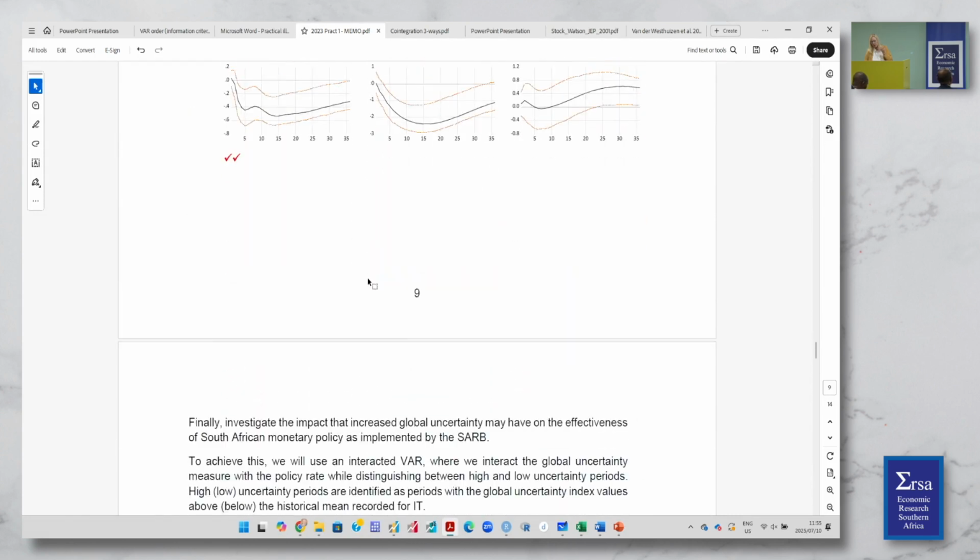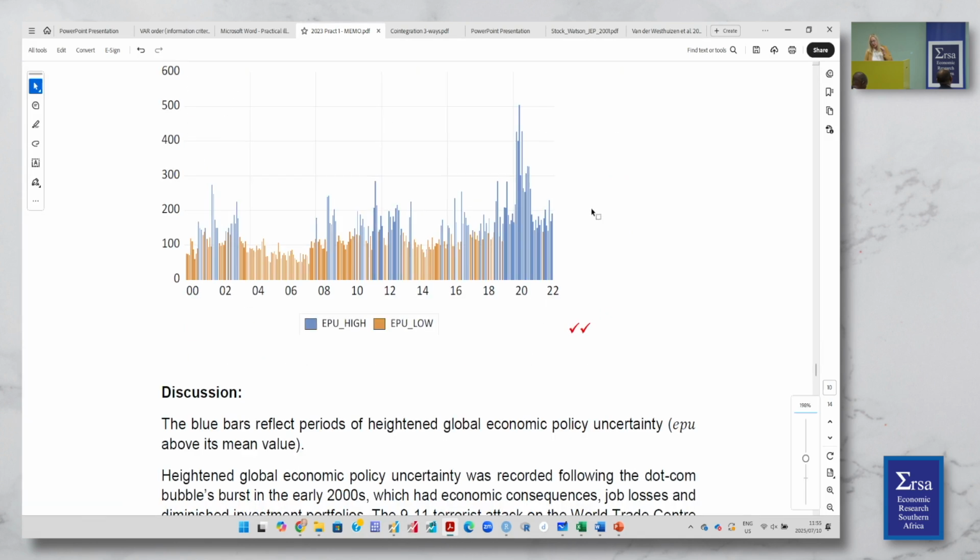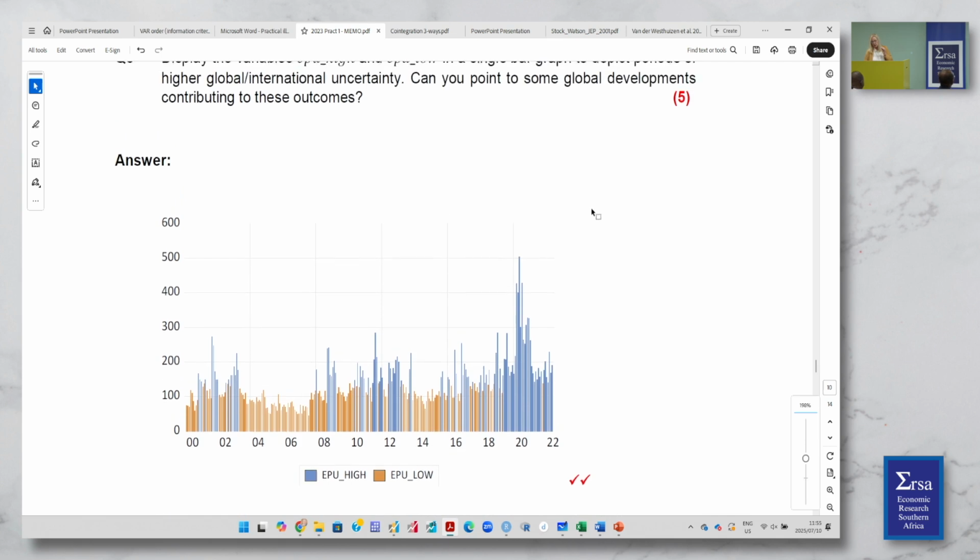So we replicated some of the things in there, but let's just look at this: global uncertainty. Global economic policy uncertainty from the Baker and Bloom study. They have a website and there's a whole lot of different uncertainties that you can download there.